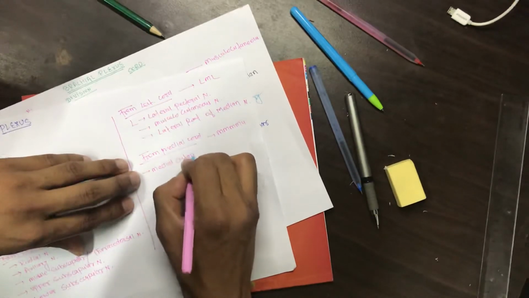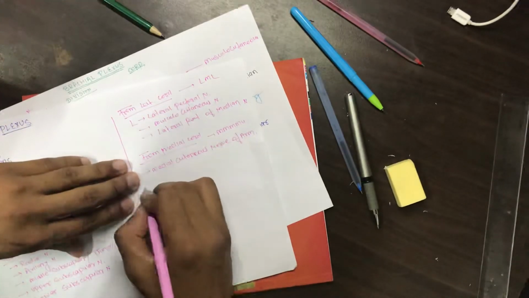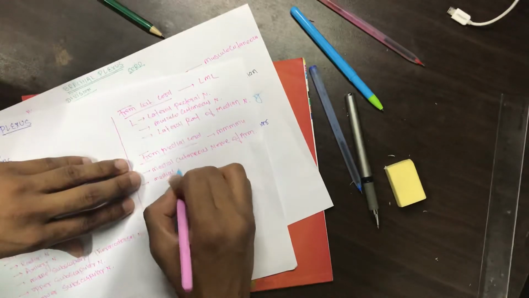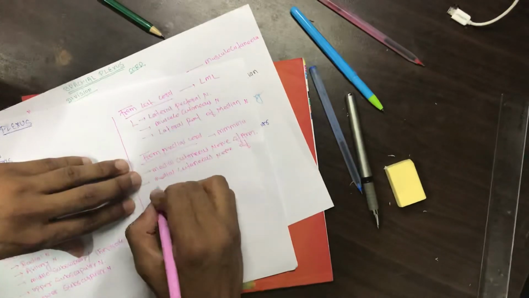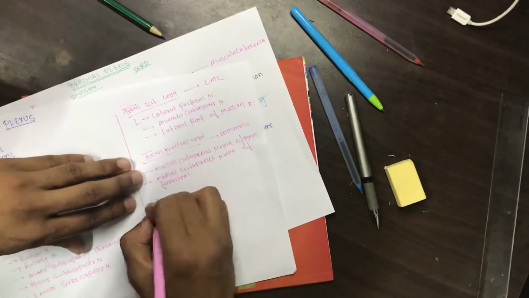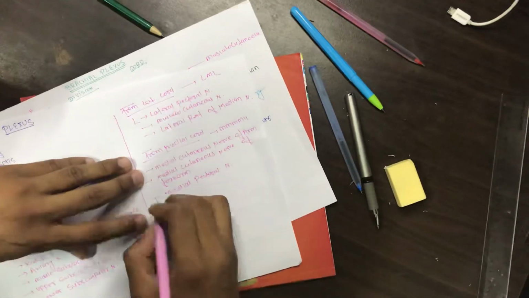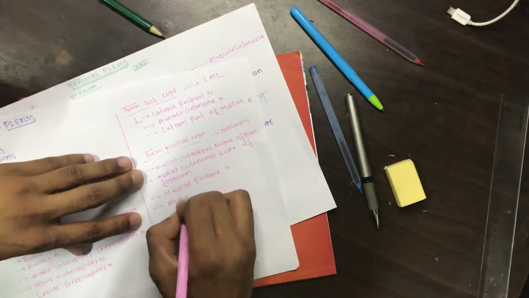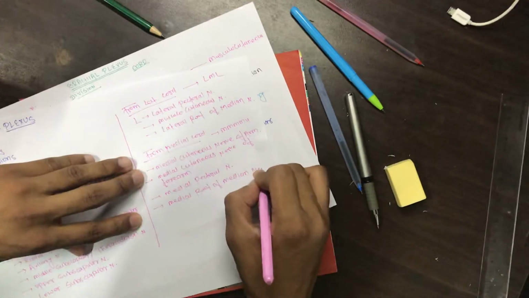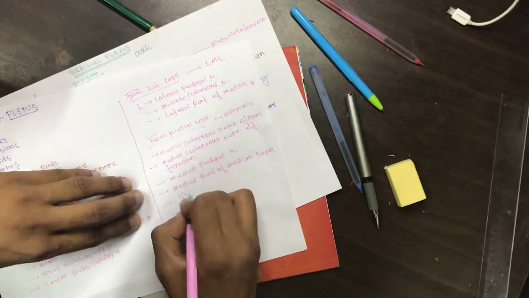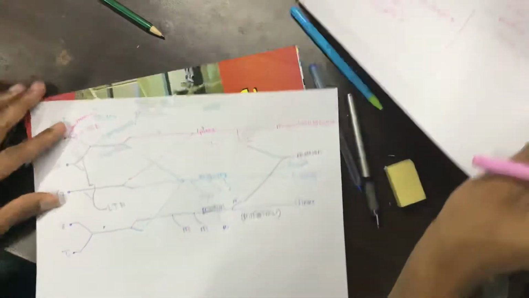Medial cutaneous nerve of arm, medial cutaneous nerve of forearm, medial pectoral nerve, medial root of median nerve, and the last one is ulnar nerve. Okay, so this is the brachial plexus.